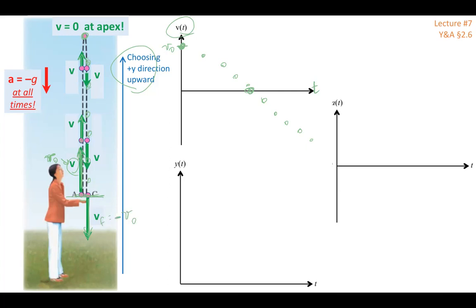It turns out that is true, and it's very easy for us to show that mathematically with our kinematics equations. If it just so happens, like in this particular case, that the object is launched and lands at the same level, then the final velocity is going to be equal to negative v initial.